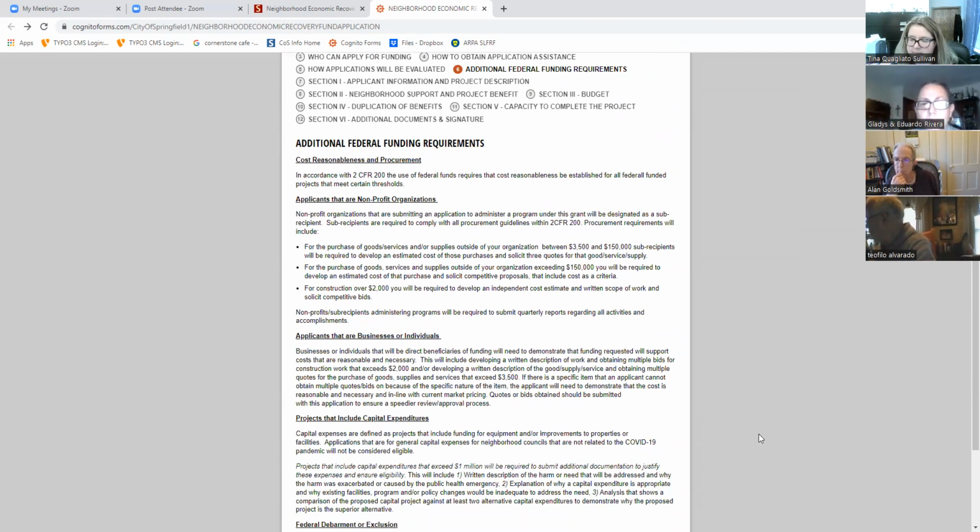Yep, regarding the budget. The funding and the budget. As a neighborhood council, we apply to Ed Whitley's for grant funding, right? Nope, this is separate, right? Yes.